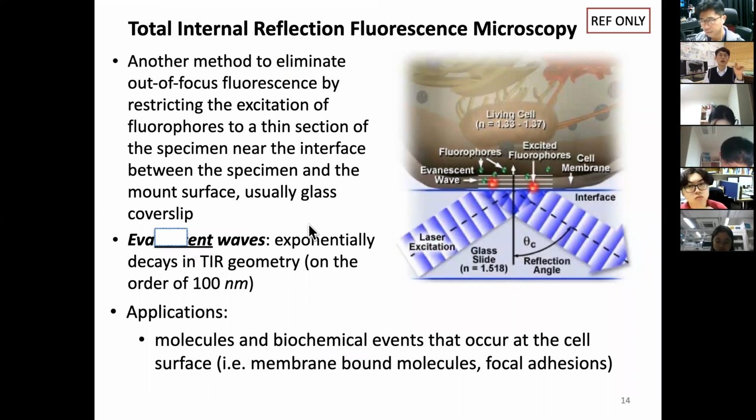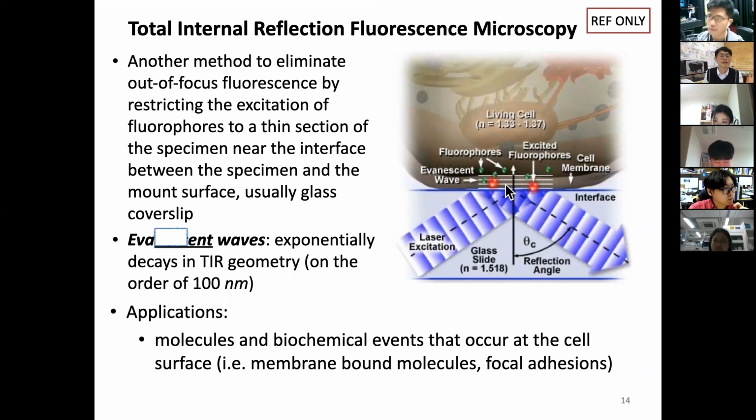I just want to tell you one point, which is when you want to study a very fine structure, which is happening near the surface, we actually can create a light sheet, which is only present in a very thin layer here, so that you can excite the fluorophore here as a red dot, not these green ones. So this allows a complete blockage of the background, and you can watch what's happening here.